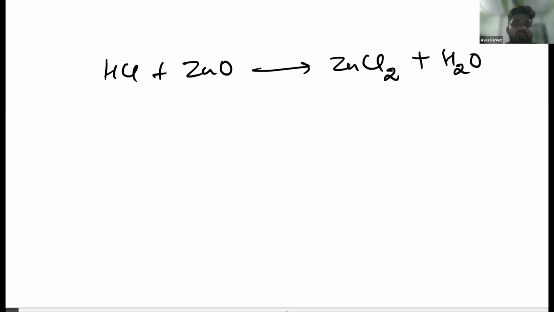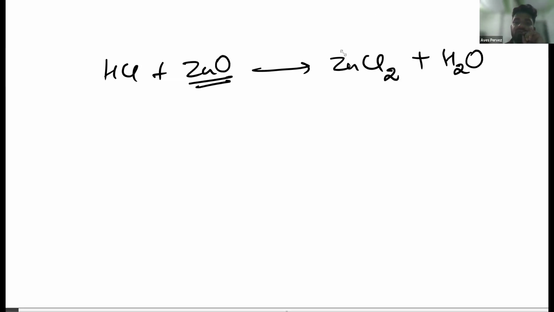If it is only Zn, then hydrogen gas will be produced: acid plus metal gives salt plus hydrogen gas. But if oxygen is added, that is metal oxide, then it gives you water. Got it? Guys, you understood?